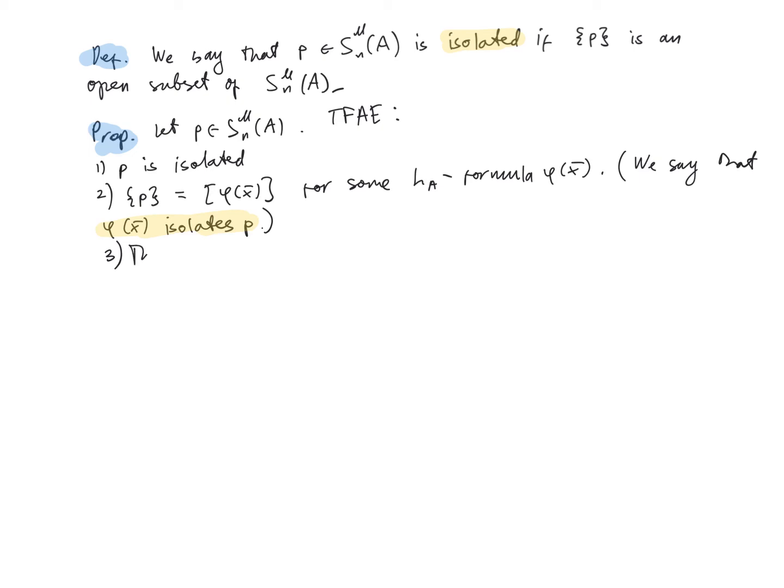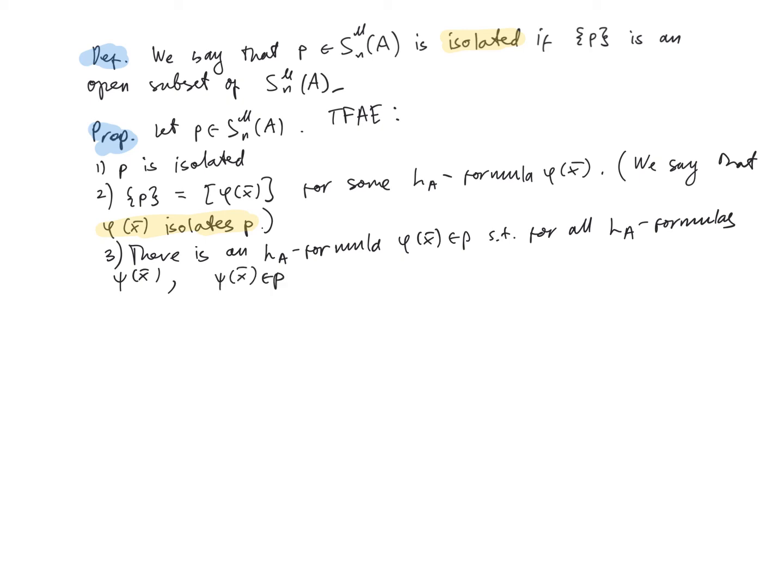And 3, there is an LA formula phi of x bar in p such that for all LA formulas psi of x bar, we have that psi of x bar is in p if and only if the A theory of M implies that phi of x bar implies psi of x bar.